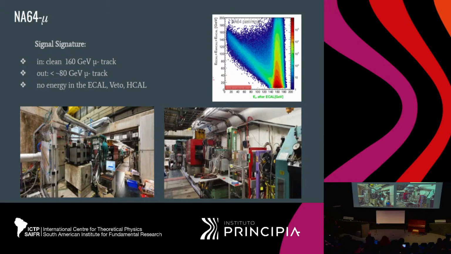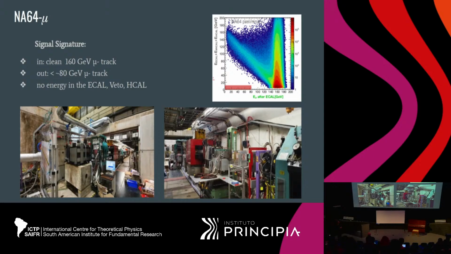And this is the parallel of the hermeticity plot that I showed for NA64e. Now you don't have ECAL versus HCAL, but the final momentum of the muon measured by the spectrometer versus the sum of all the energy deposited in the ECAL system. In particular, the dominant contribution is the ECAL, which is the target where the reaction is supposed to happen.